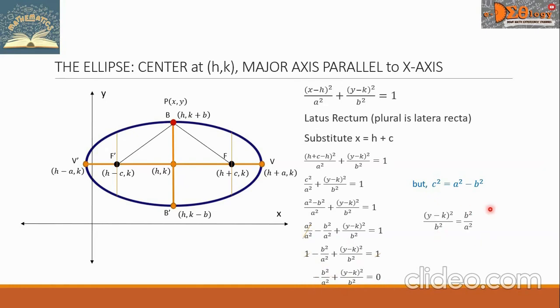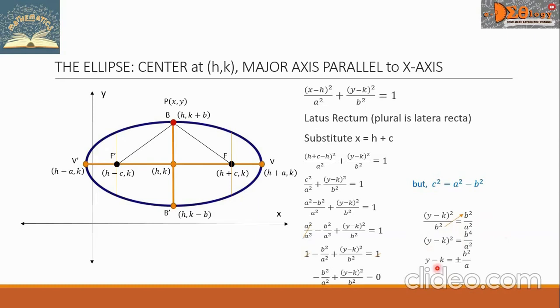So we have now this equation. And then this b squared, we will cross multiply to the numerator of the right side. So we have now the square of y minus k, and this is now b to the 4th over a squared.